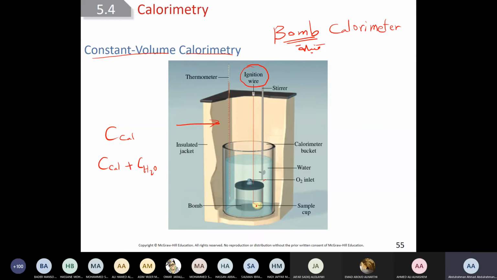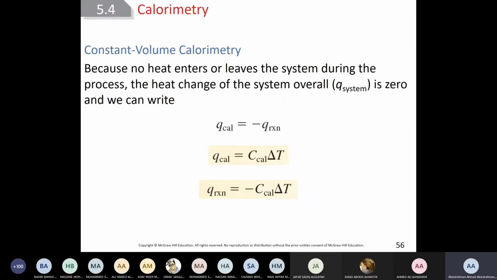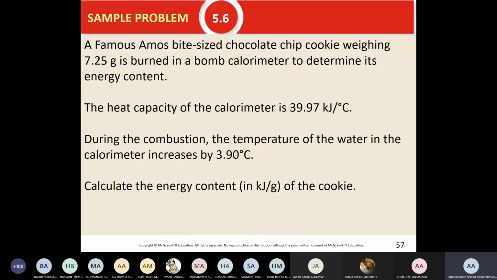Then Q of calorimeter is minus Q of reaction. Q of calorimeter is equal to the heat capacity of the calorimeter times delta T, and Q of reaction is minus. It's the same value with a different sign, that's all.